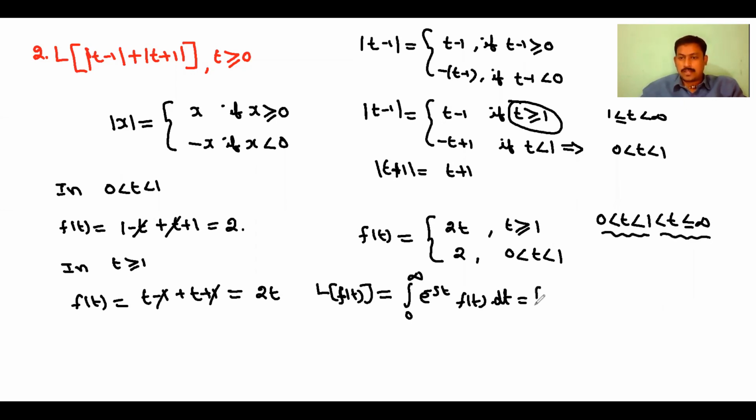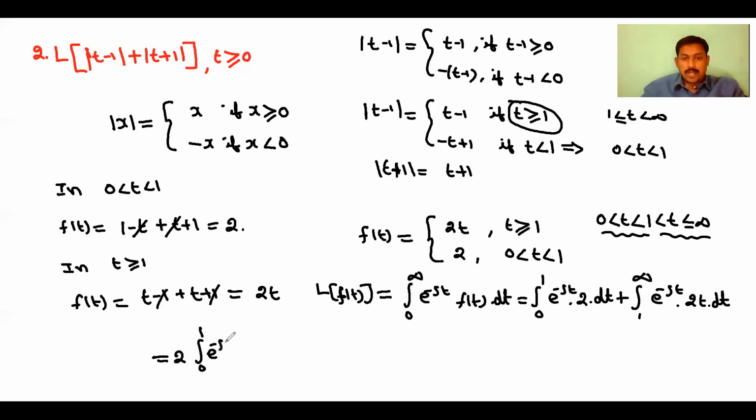Here we can write this as integral 0 to 1 e power minus st, f of t is 2, into dt, and then plus integral 1 to infinity e power minus st, in that interval 1 to infinity we have the value 2t, into dt. Now we can apply the integral formula here. We can take the 2 out and write integral 0 to 1 e power minus st dt, and integral 1 to infinity t into e power minus st dt.